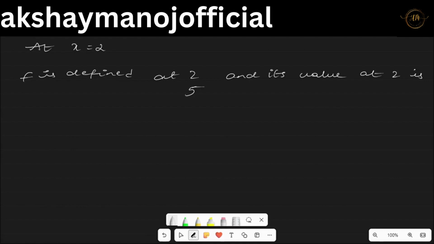So then limit of f of x as x tends to 2 is equal to limit of 5 as x tends to 2, which is equal to 5.